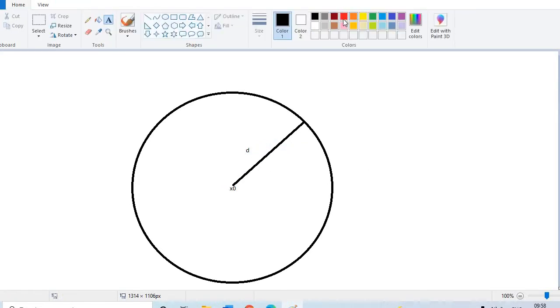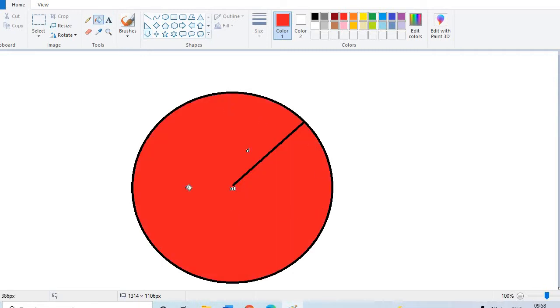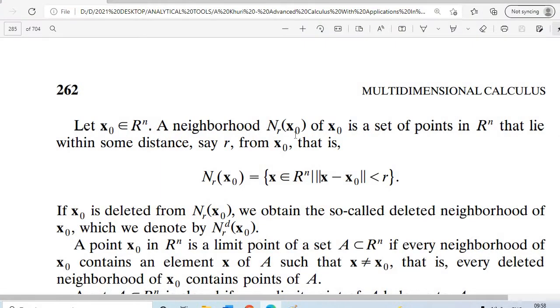So in and around, these are all points within the distance of d from x0. So this shaded region, excluding this black line, excluding this black circle, is called a neighborhood. So formally we can define a neighborhood NR of x0.